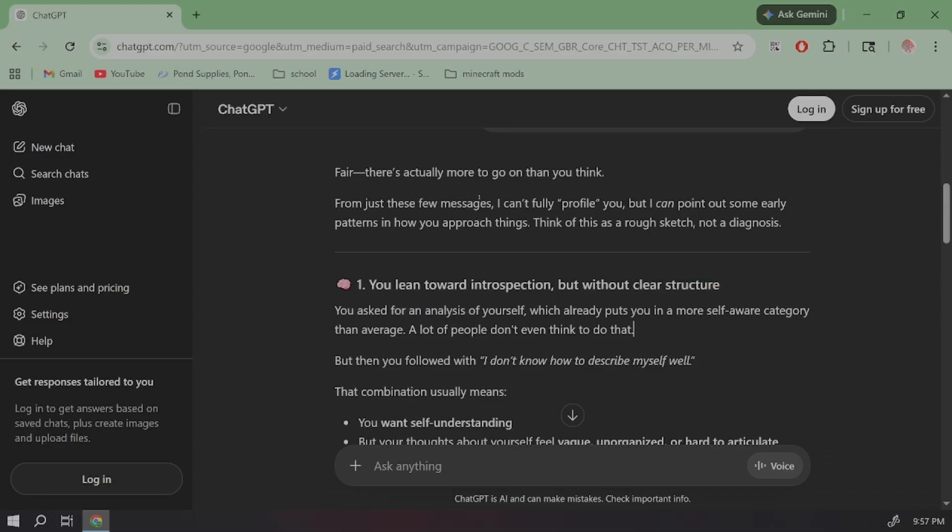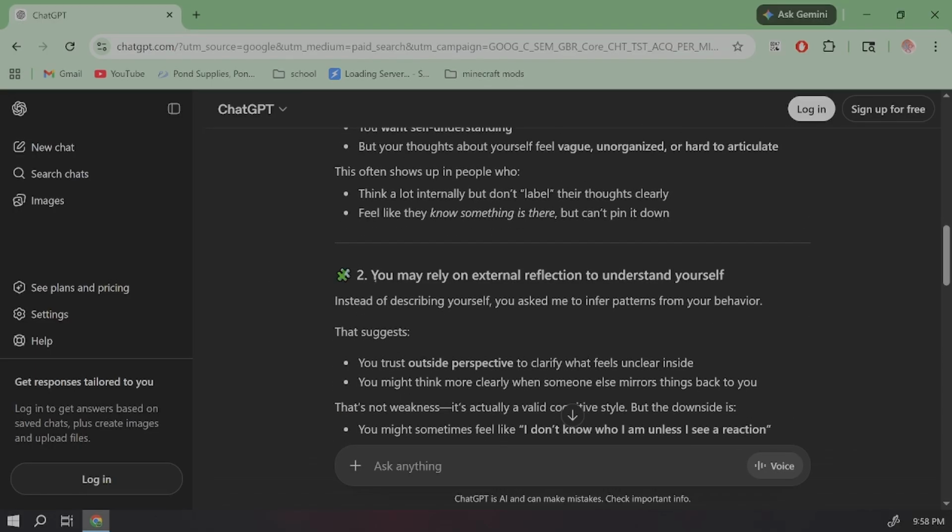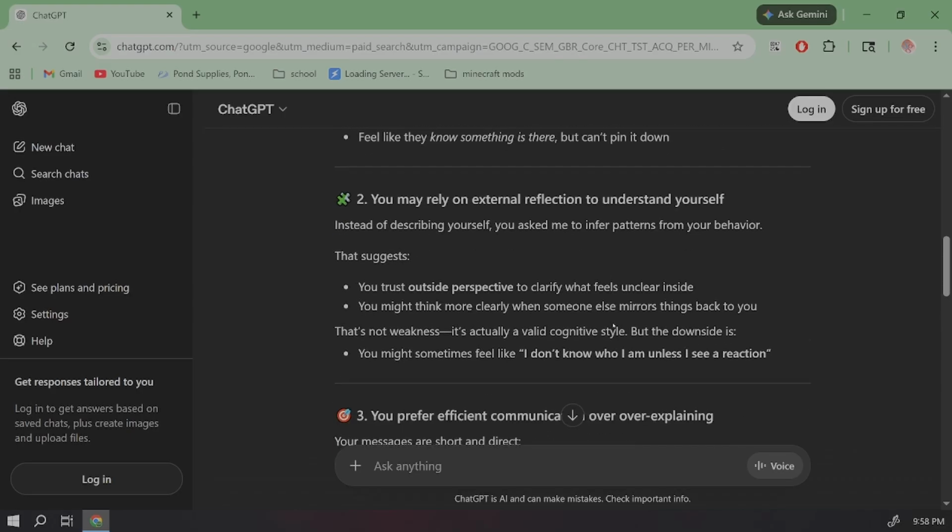Fair. There's actually more to go on than you think. From just these few messages, I can't fully profile you, but I can point out some early patterns in how you approach things. Think of this as a rough sketch, not a diagnosis. You lean towards introspection, but without clear structure. You may rely on external reflections to understand yourself.